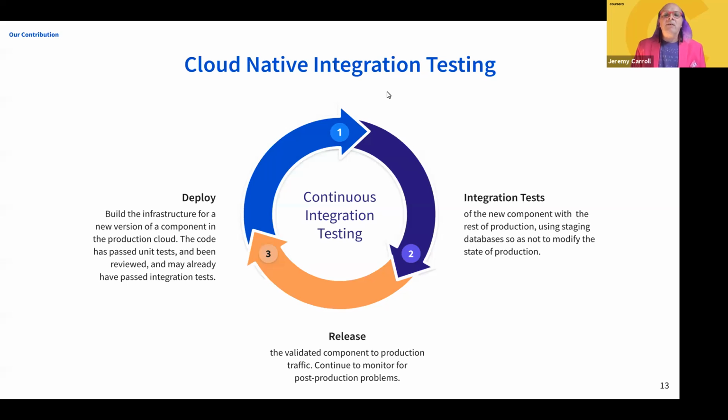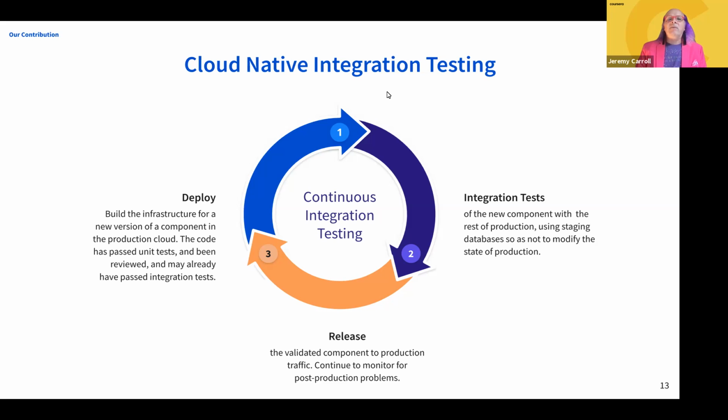So we go back to the summary from the very first slide. Deploy is where we build the infrastructure. The code here has been tested. It's passed unit tests. It's probably been reviewed, and it may already have passed integration tests in an earlier phase. But the main integration test phase comes after we deploy.